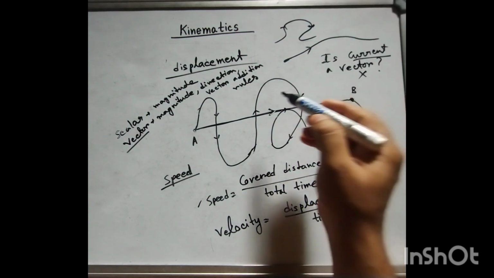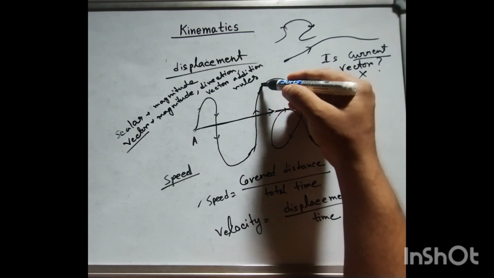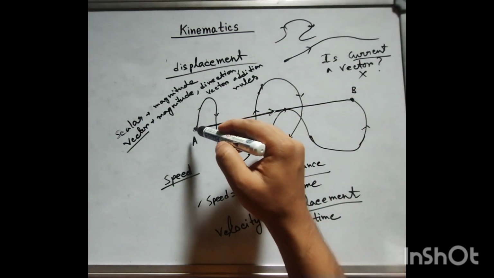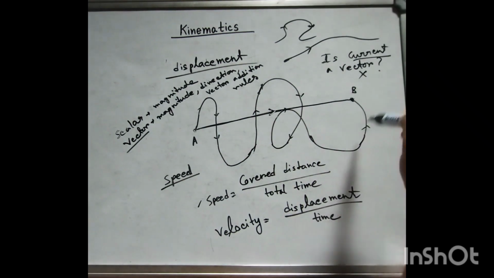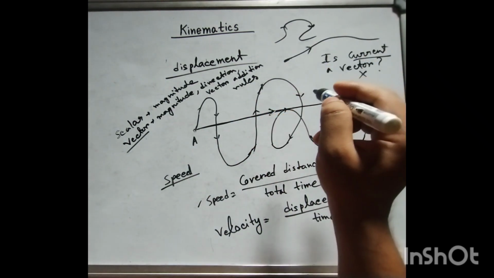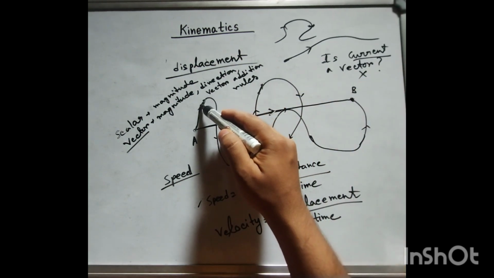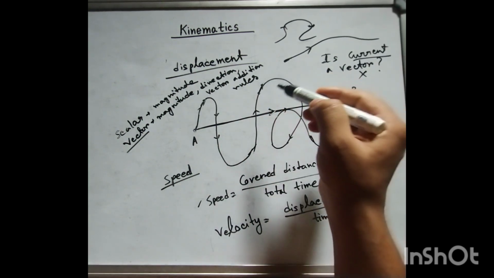But if I try to find speed at a particular point, it is not necessary that the whole path is covered and at every point the speed was the same. That may not be the case, because here the speed may be higher, here the speed may be lower.